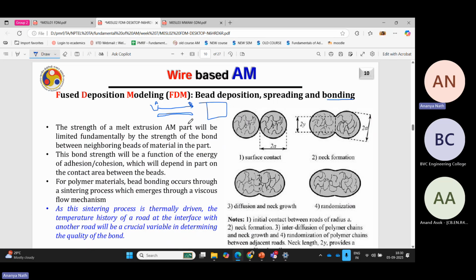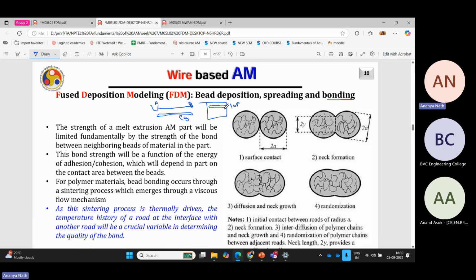This is the cross-sectional view. Now I'm drawing the top view. In the top view, there will be a bead like this. It went one way from A to B position. So this is what you'll get in printing as a result.